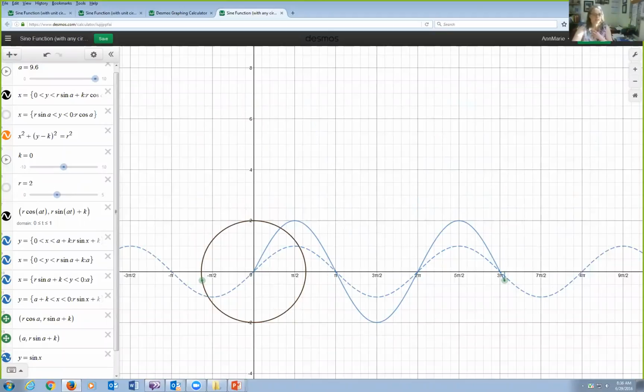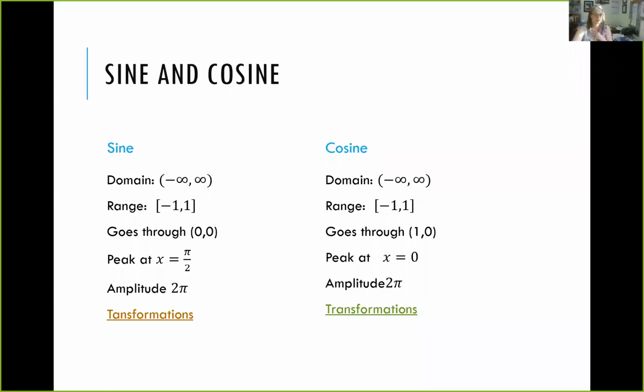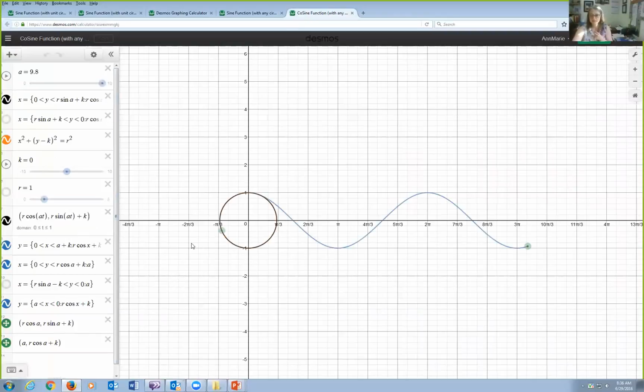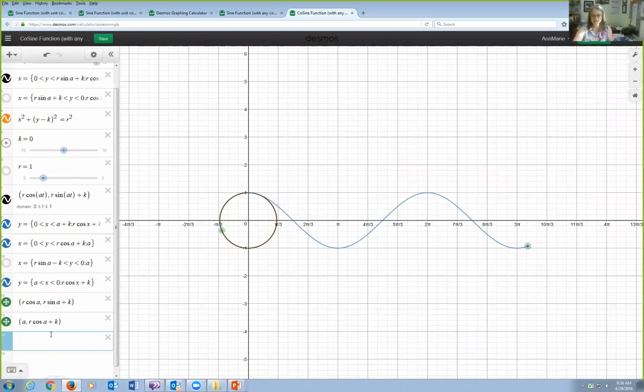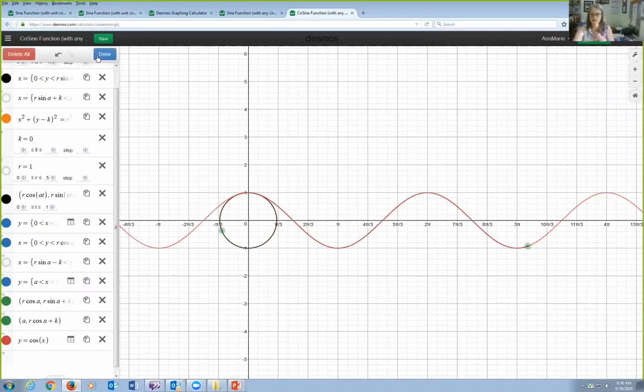We can look at this same thing for cosine, and we're going to see that cosine behaves pretty much the same way. So let me throw on a standard, unshifted, or untransformed, cosine curve.